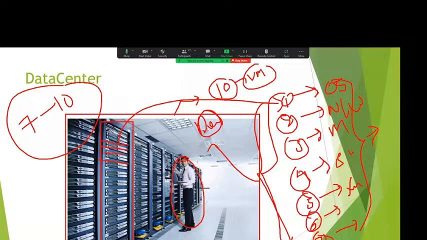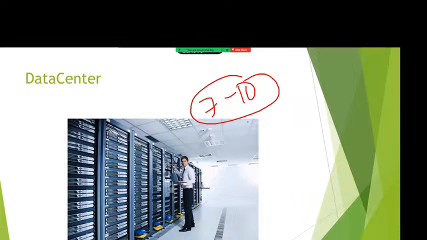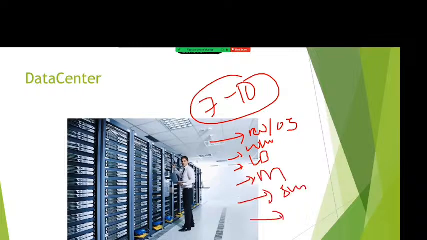This is a burden to the organization. Why? Because if it is taking 7 to 10 days, it is very difficult. Nowadays, everything is happening instantly, right? Apart from that, we have to manage the Windows team, I mean the operating system team, next the networking team, next the load balancer team, next the monitoring team, next the security team, next the application deployment and management team.